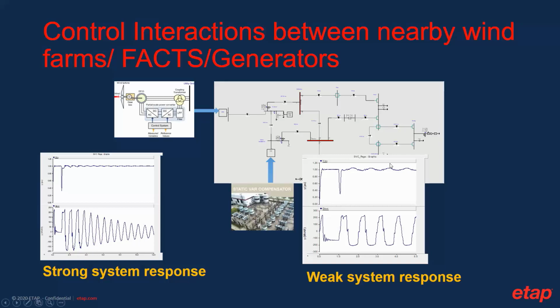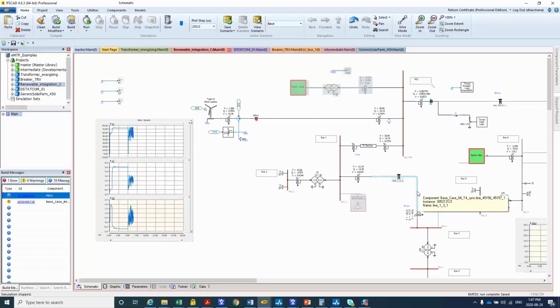Following a disturbance, rather than settling into a steady stable state, they could go into an unstable interaction state, where you will have poorly damped oscillations or even sometimes unstable oscillations. These are also studied using EMT type programs. So next I will go to a PSCAD case and show you some examples. This is a simple example to highlight certain points.